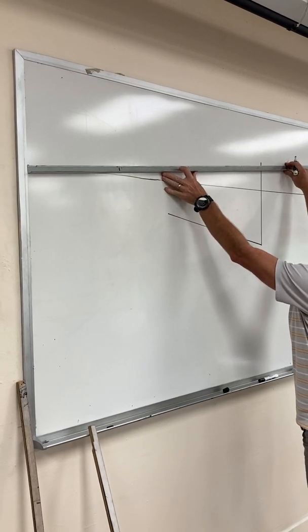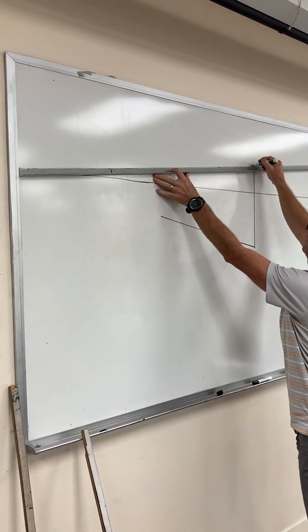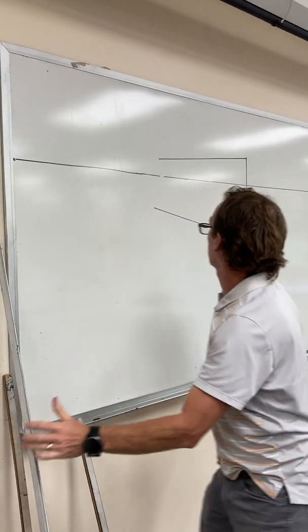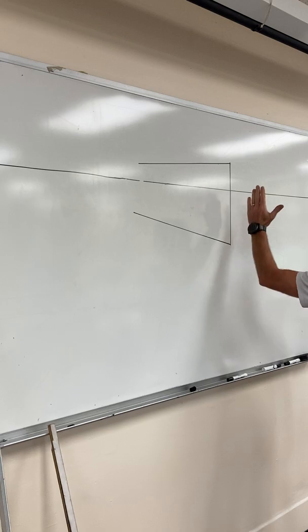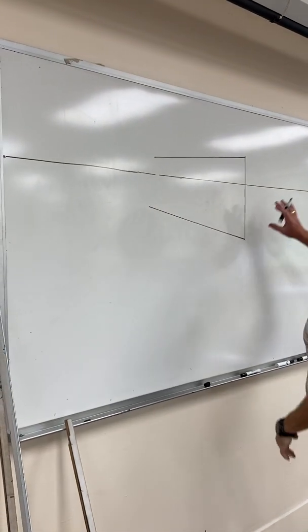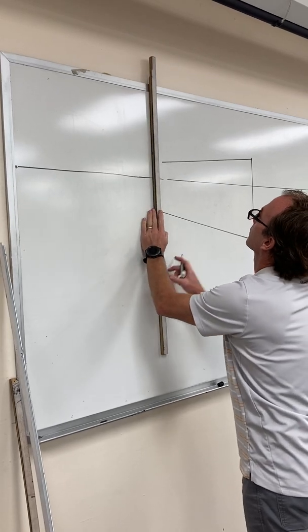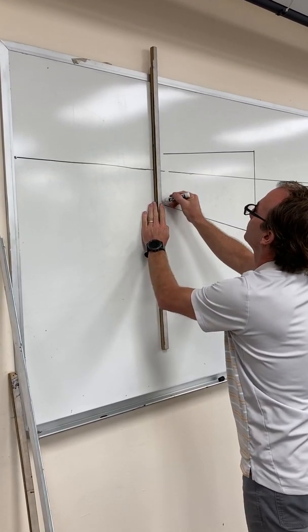So I'm always going to the vanishing point. Notice throughout this entire drawing, I will have lines that are either vertical or lines that converge back to one of the 2 vanishing points. The only exception will be with our roof, and I'll explain that in a second. Okay.